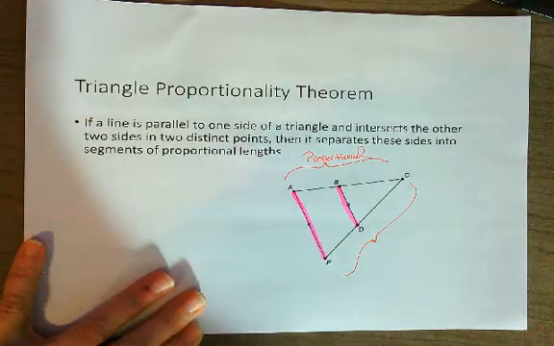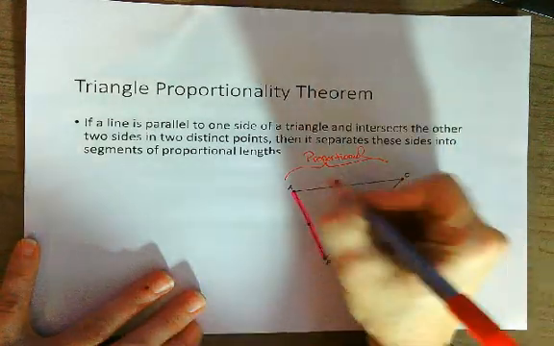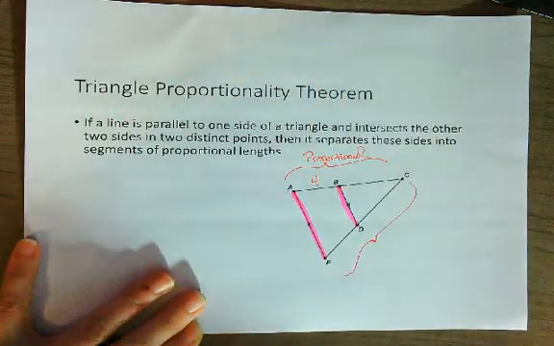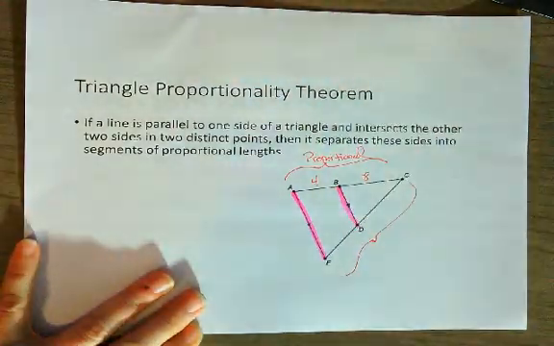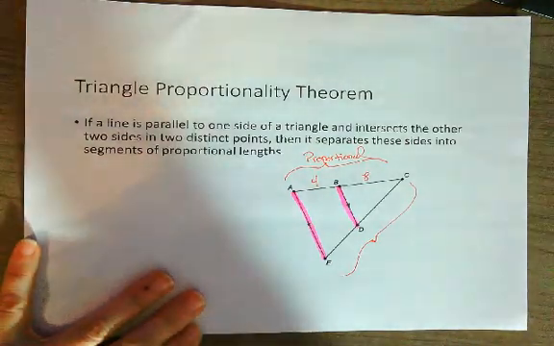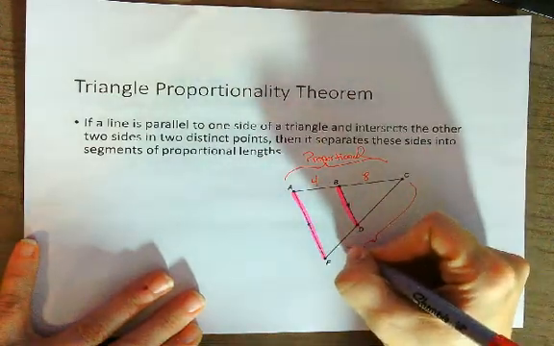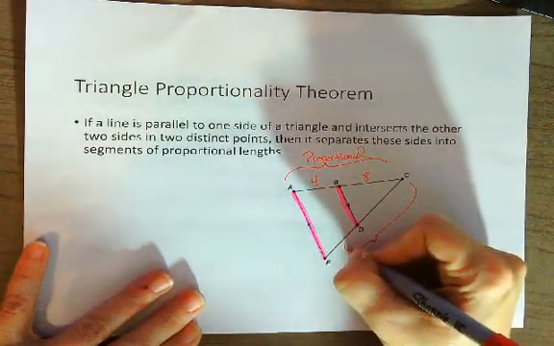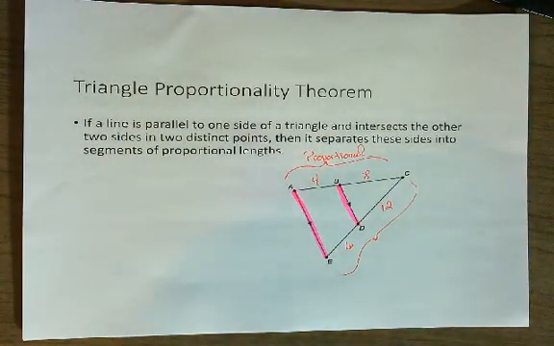And kind of what you need to look for is if we are given a length of 4, then this side here would have a length maybe of 8. So it's proportional. And then the same would be true for the opposite side. This could be, say, 6. This would be 12. So they're both like double.